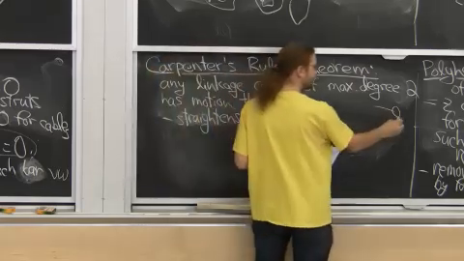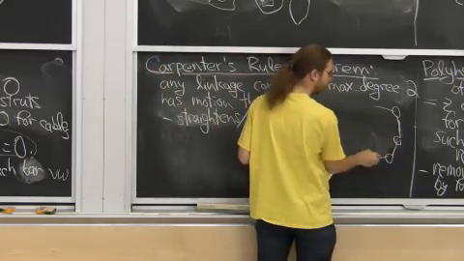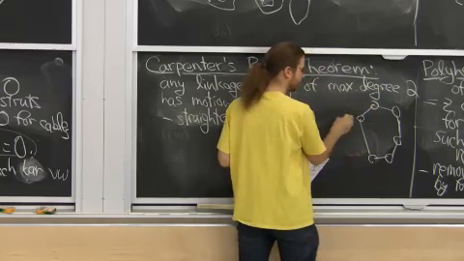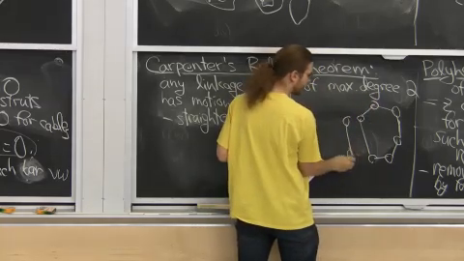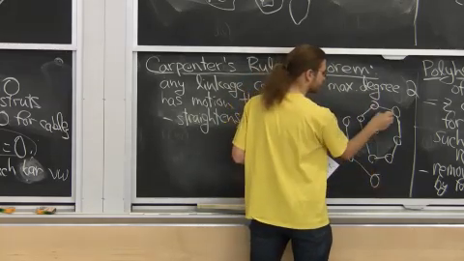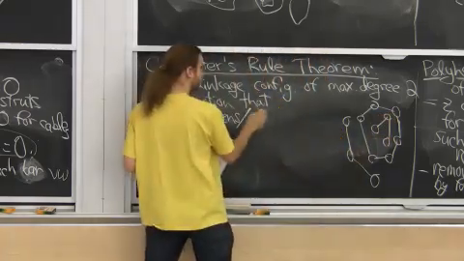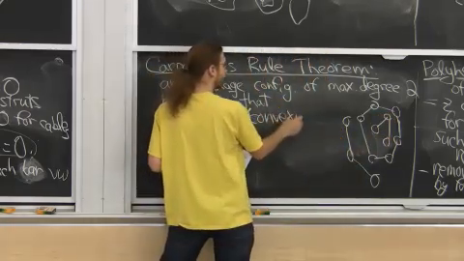So if you have maximum degree 2, you have paths, and you might have some cycles. You might have many of them. And it's going to straighten all the paths and convexify all the cycles.